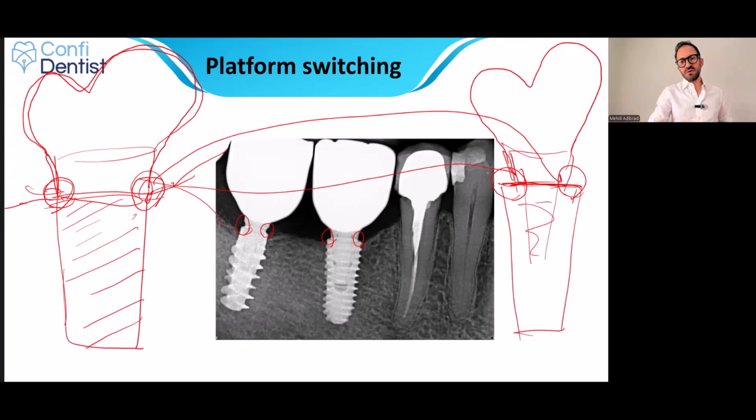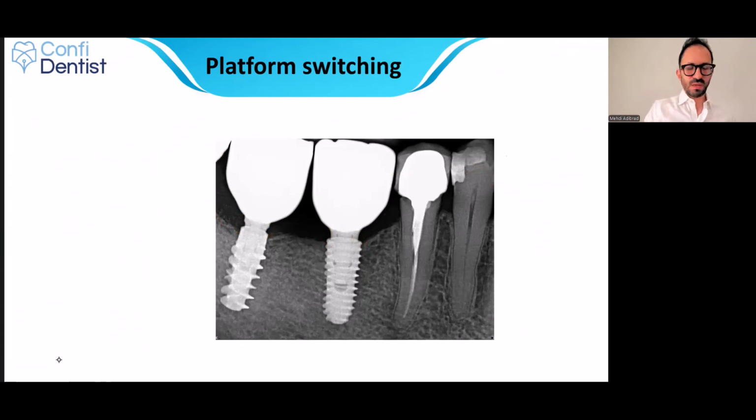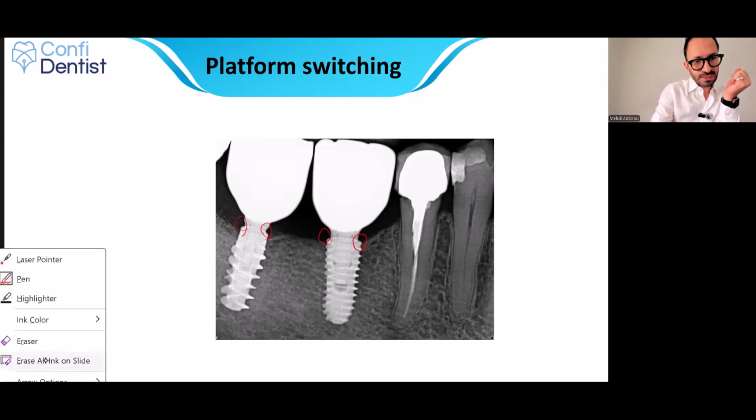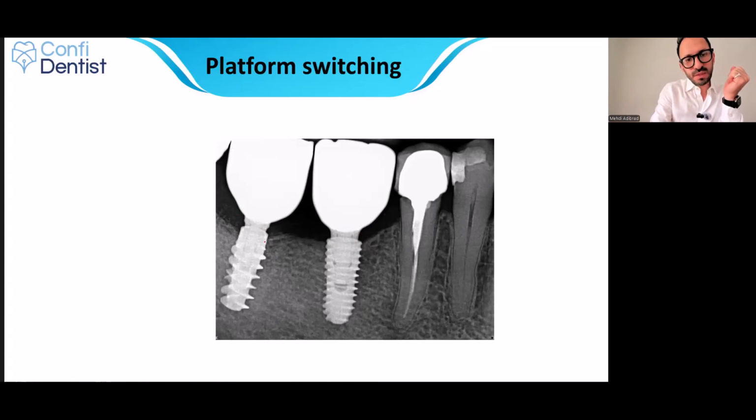We have a lower risk of peri-implant bone loss. It was discovered by accident, and you can go and study more about it in case you're interested. So one more time, pay attention to this mismatch. Look at the implant fixture.